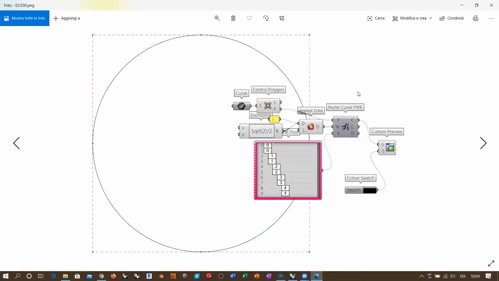So this is, for example, the way you create a circle using a NURBS curve. So you have the control points, which are basically defining the square structure. And then you have the weights of the control points, which alternate 1 and square root of 2 over 2.